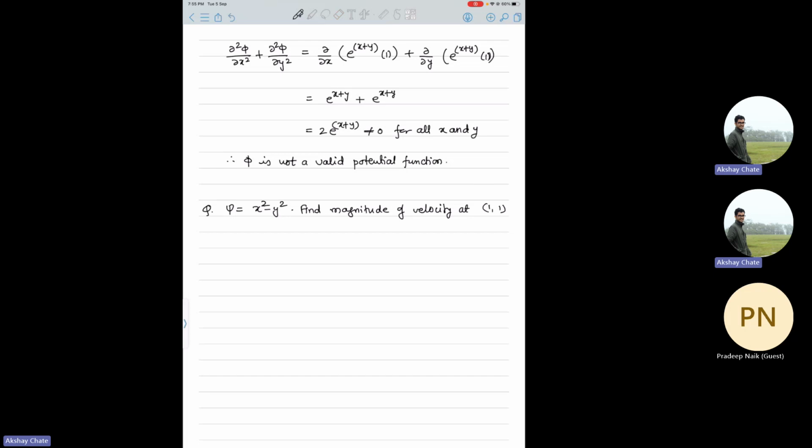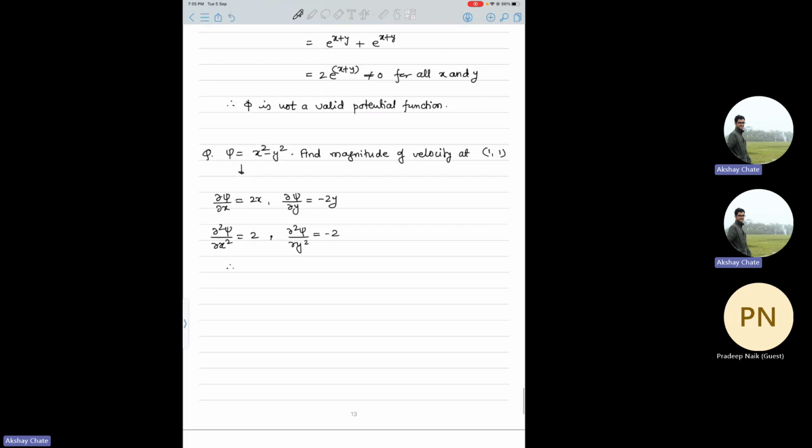So now, first of all, just for the sake of our clarity, what is del psi by del x? It is 2x. Del psi by del y is minus 2y. And del square psi by del x square becomes 2, and del square psi by del y square is minus 2.